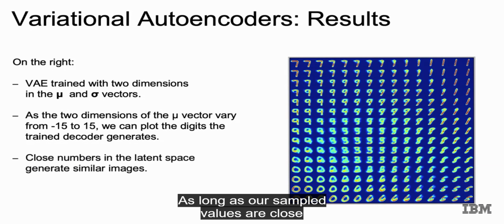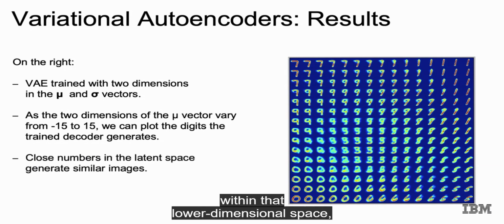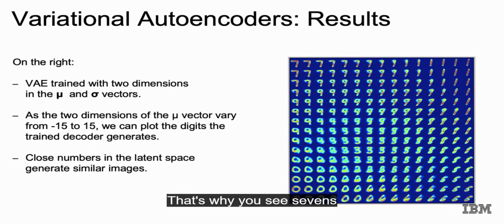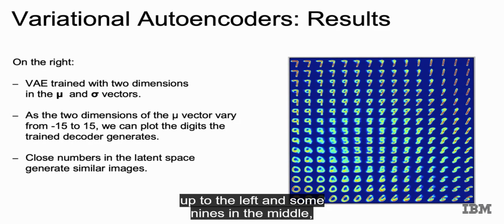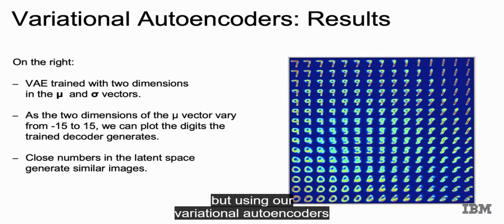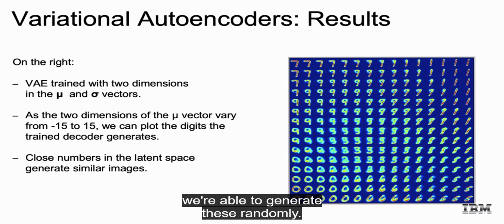And as long as our sampled values are close within that latent space, within that lower dimensional space, which is represented by our mu and sigma, they will generate similar images. And that's why you see 7s up to the left and some 9s in the middle. None of these were actual images within our data set, but using our variational autoencoders, we were able to generate these randomly.